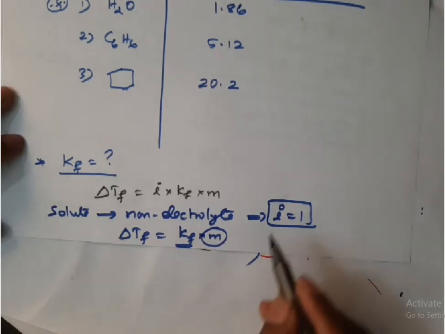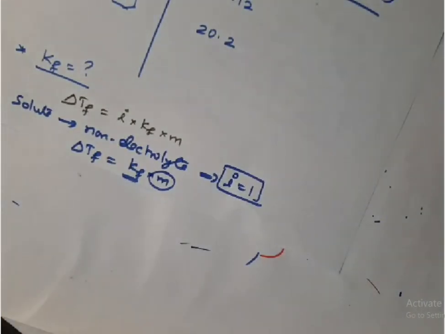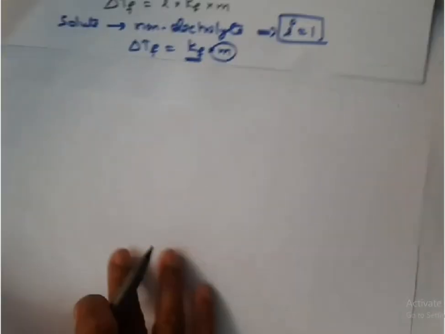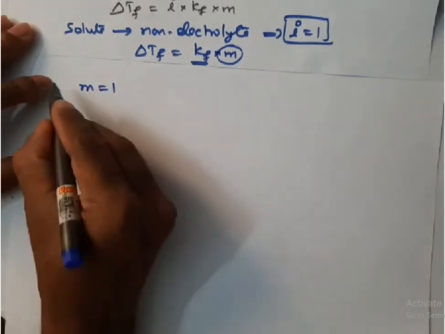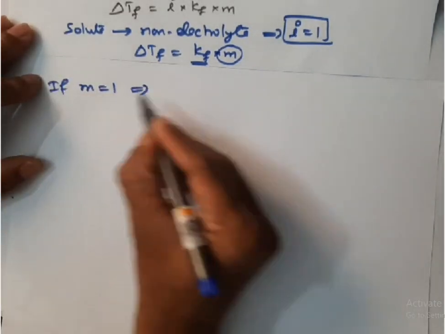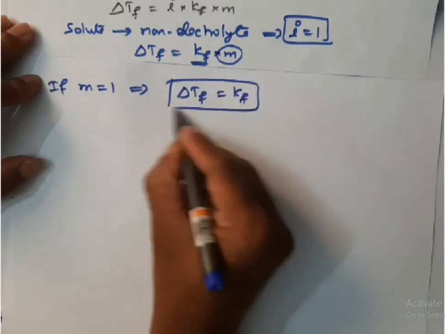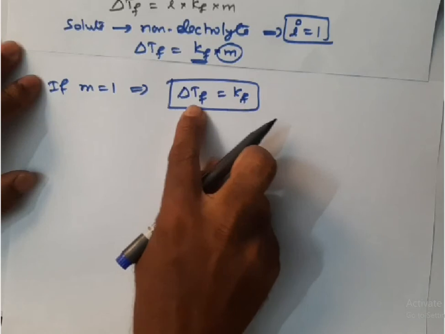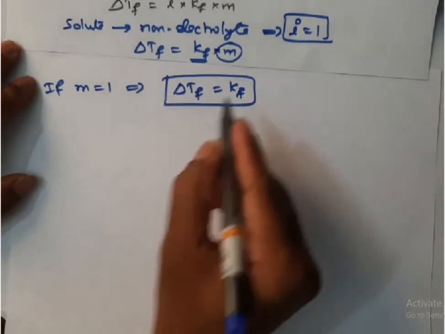Let me write on the next page. If m is equal to 1, then I'll get delta Tf equal to Kf. So what is Kf? Kf is nothing but the depression in freezing point of a 1 molal solution. Simple.